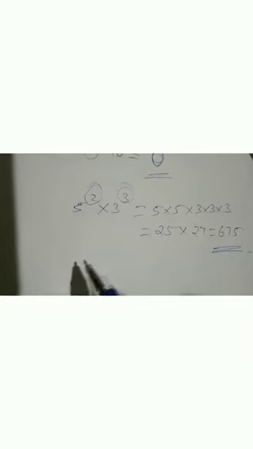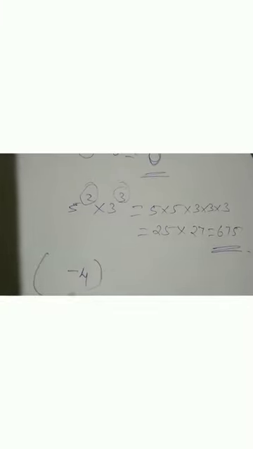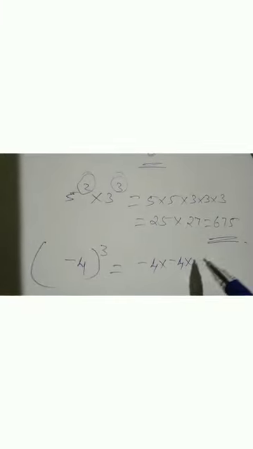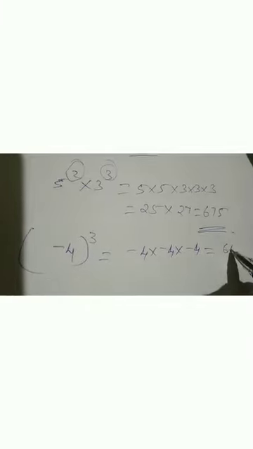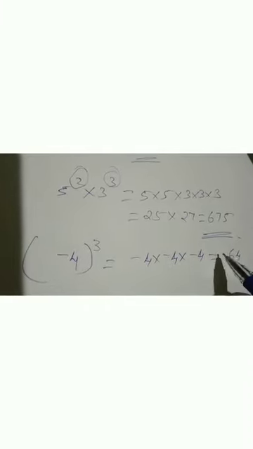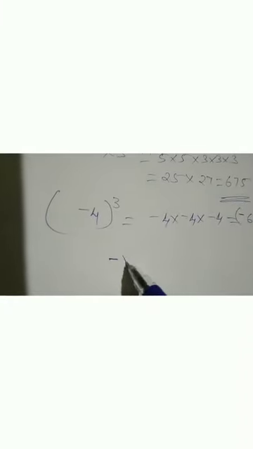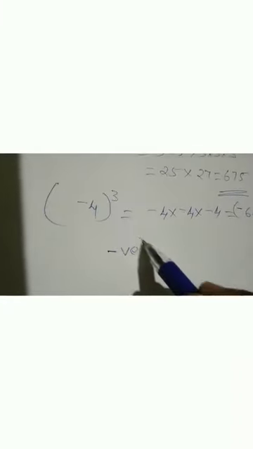Then next one is negative 4 the whole cube. What is that? Negative 4 into negative 4 into negative 4. The answer is 4 times 4 times 4, 64. But here it is repeated 3 times, so negative will be there. One thing: how many times is the negative repeated?